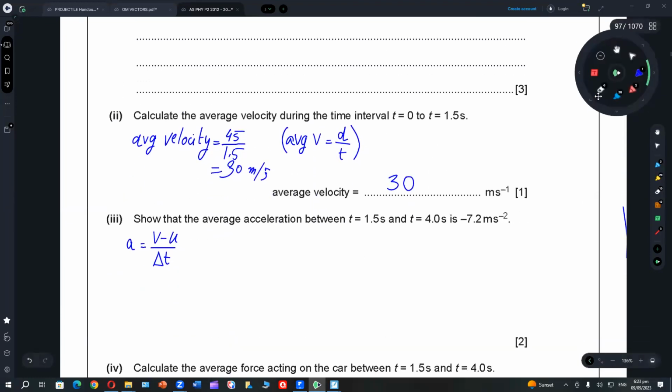And I should first find the velocity at t is equal to 4.